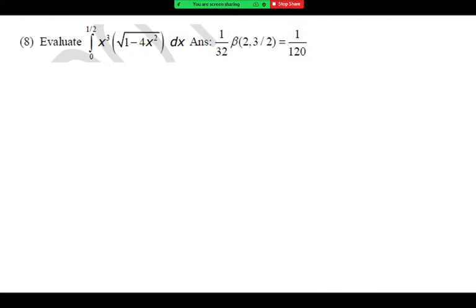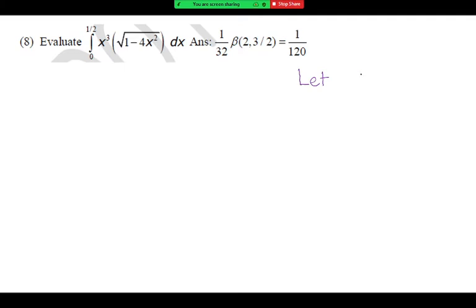Third question, integration 0 to 1 by 2, x cube into root of 1 minus 4x square dx. The most important thing is a standard substitution that you have to find, or the proper substitution. Yes, anyone? Look at the bracket.